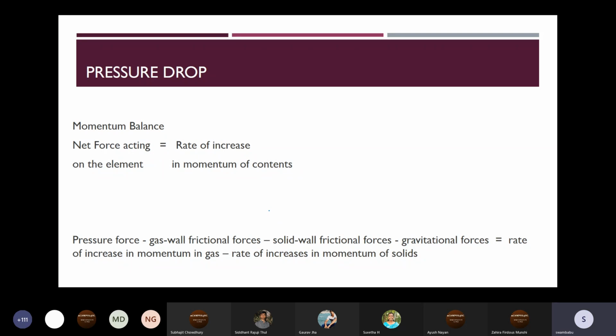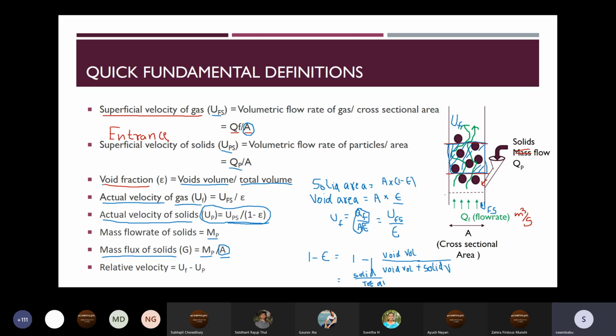So the next important thing is estimating the pressure drop. I explained in the last class why pressure drop is so important, because pressure drop talks about energy requirement. If it is a liquid we need a pump; here we need to blow the gas with a certain flow rate. Since in pneumatic transport we only use gas, let us not talk about liquid here. So for gases, we use blowers or compressors.